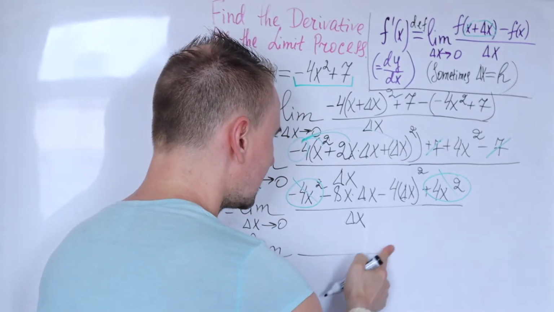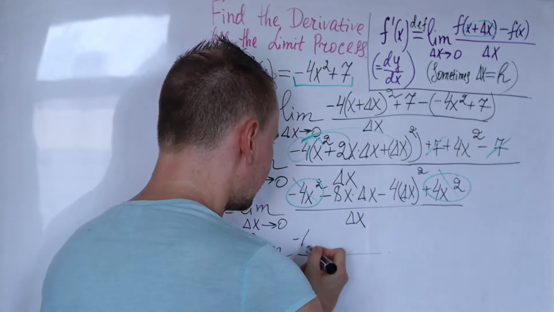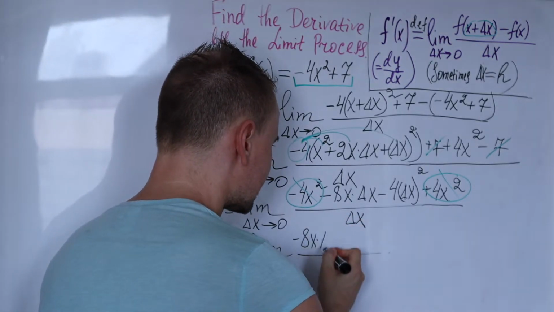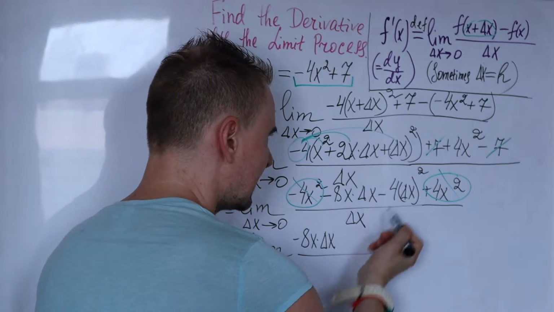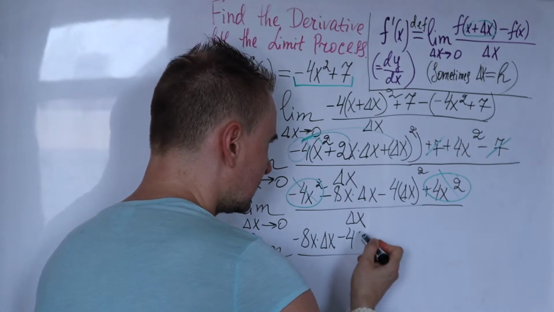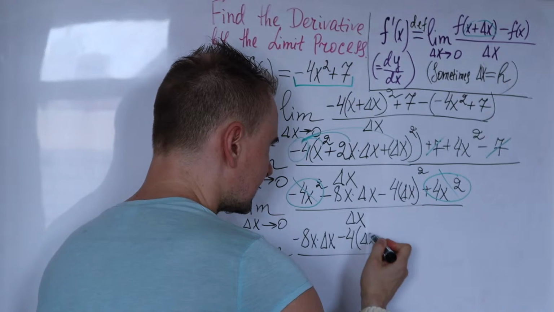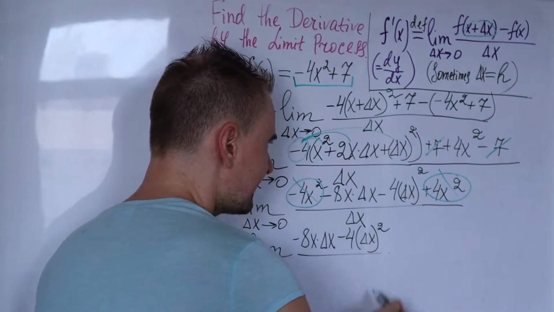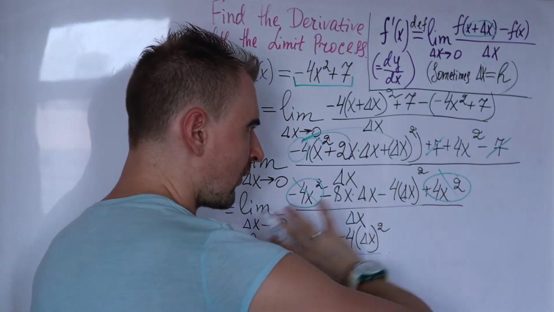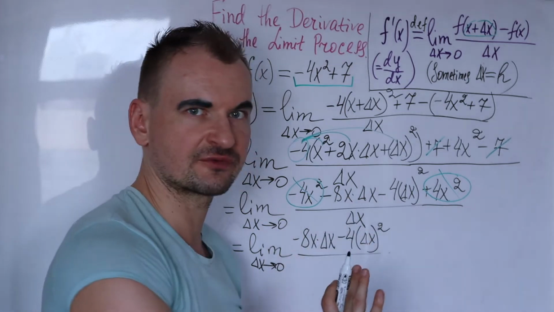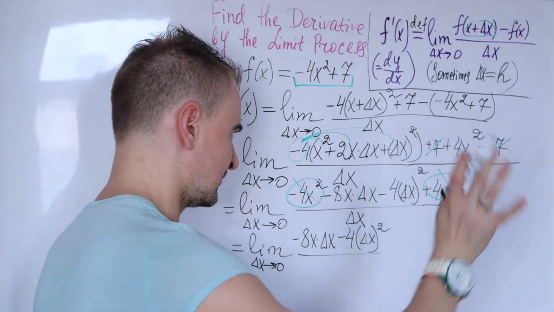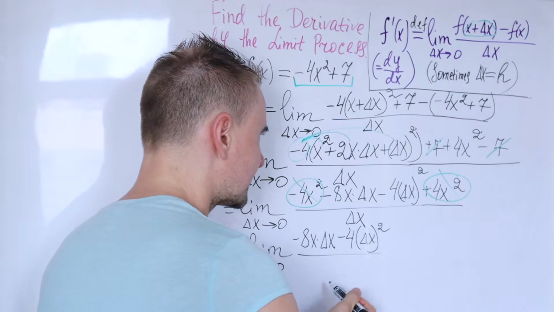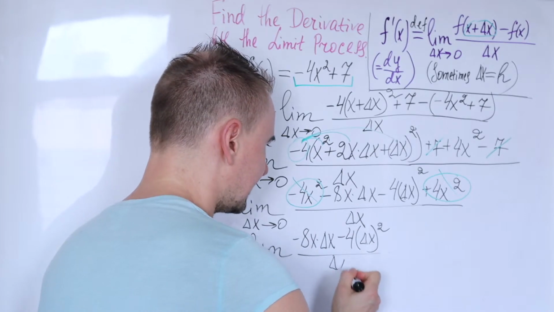You would simply have negative 8x times delta x and negative 4 delta x squared. All the x squared terms drop out, all over delta x.